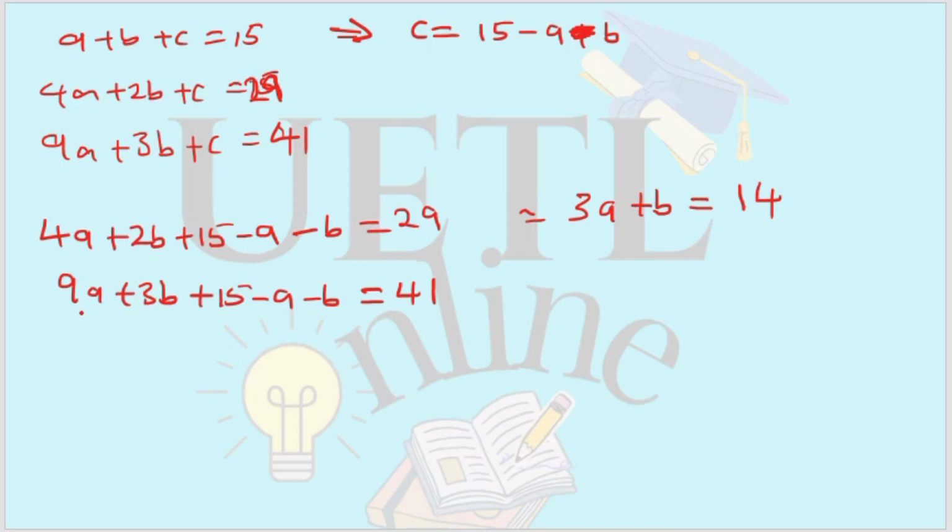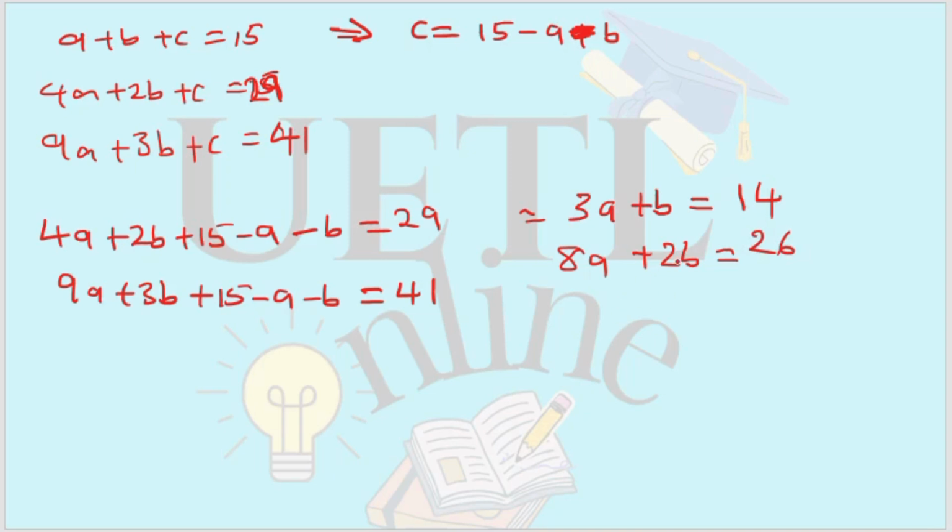Then we go to the next one. We can say this here is 8A plus 2B is equal to 41 minus 15, we get 26. So our answer becomes 26 here.